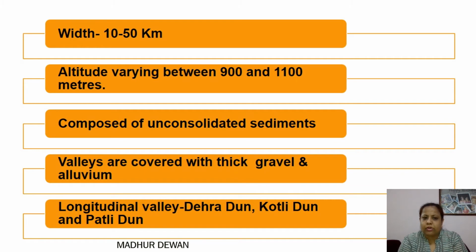It is composed of unconsolidated sediments. Valleys here are covered with thick gravel and alluvium, and the longitudinal valleys are Dehradun, Kotledun and Patledun.